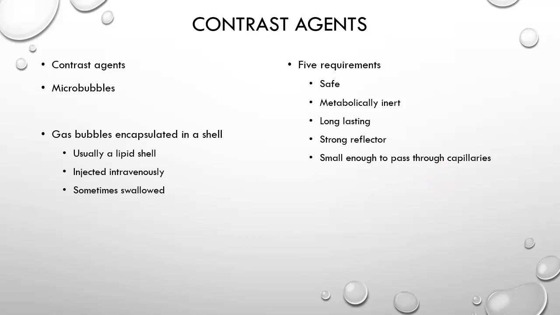In fact, smaller is better, because blood cells actually tend to fold as they go through capillaries, so contrast agents need to be quite a bit smaller than a blood cell.